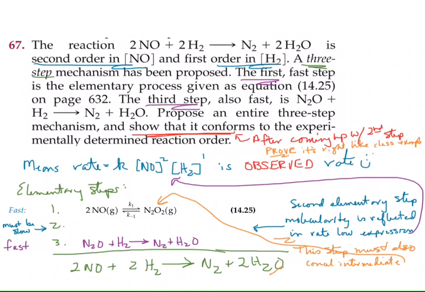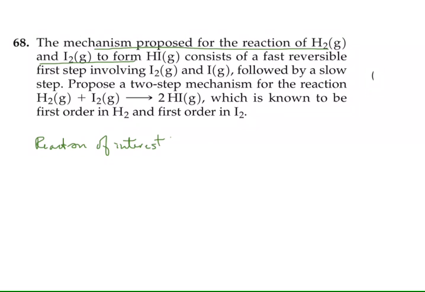So after you come up with your second elementary step, your slow one, then go ahead like we've been doing and prove that, well, if that's slow, I can use molecularity to come up with a rate law expression for that elementary step. You're going to have an intermediate in it, and you're going to get rid of the intermediate by using the first elementary step, just like we did in class.